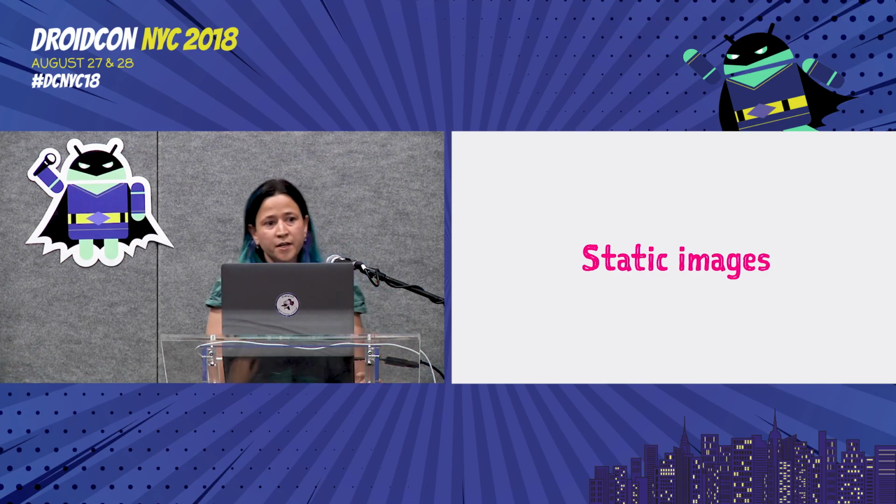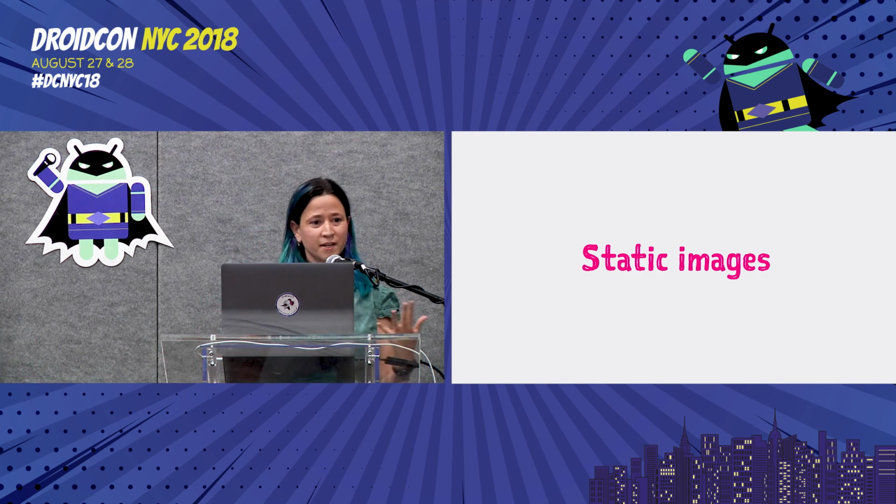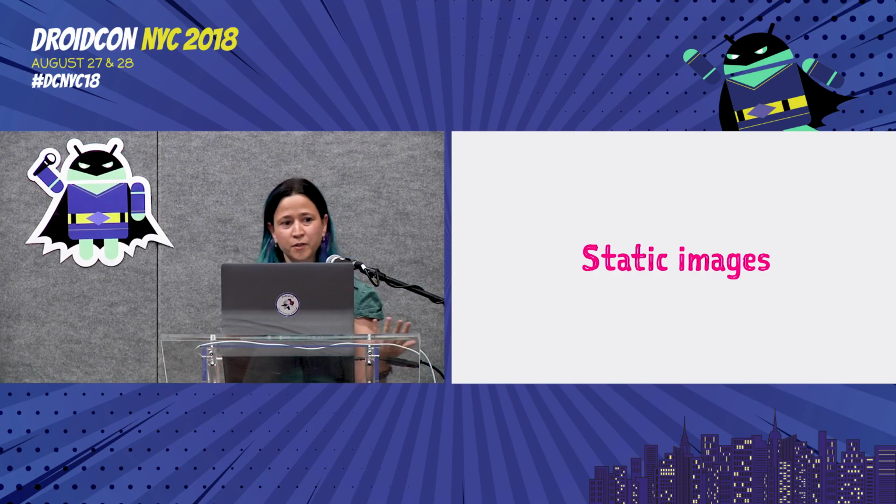In general, on Android, I sort of split the talk into two things. One of them is static images, which are images that we just want to add to our app and would permanently be there. So we want to add them to our package, and then the user will see them, the user will interact with them, we want to add them to our views.